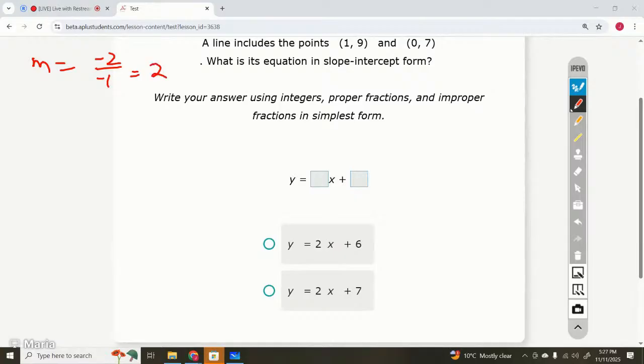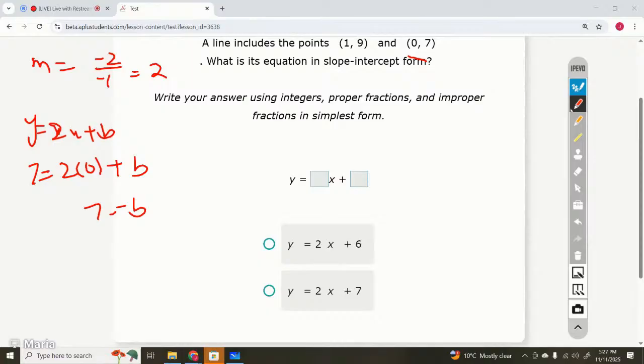Now we can use any of the points and the slope and calculate b. y equals 2x plus b. So I'm going to use the second point, that is 7 equals 2 times 0 plus b. So b equals 7.